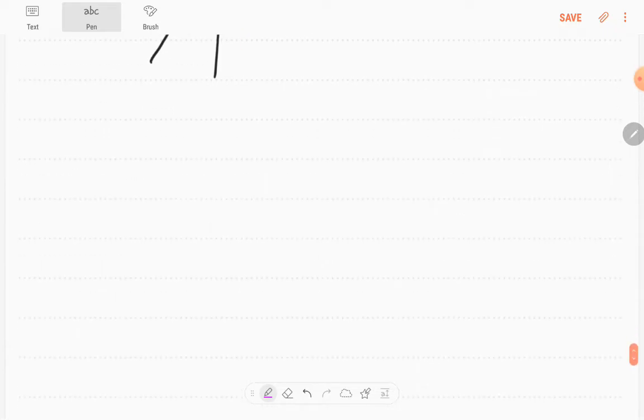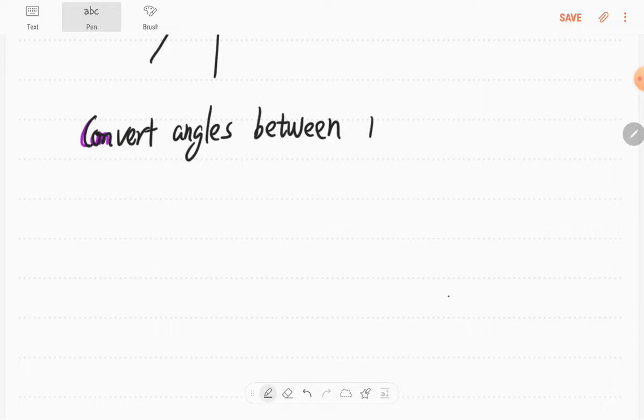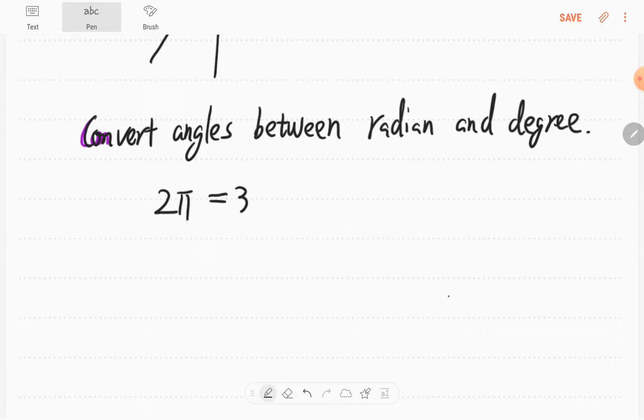So we want to convert angles between radian and degree. We start from here. We know one revolution is equal to 2 pi. It's also equal to 360 degrees.